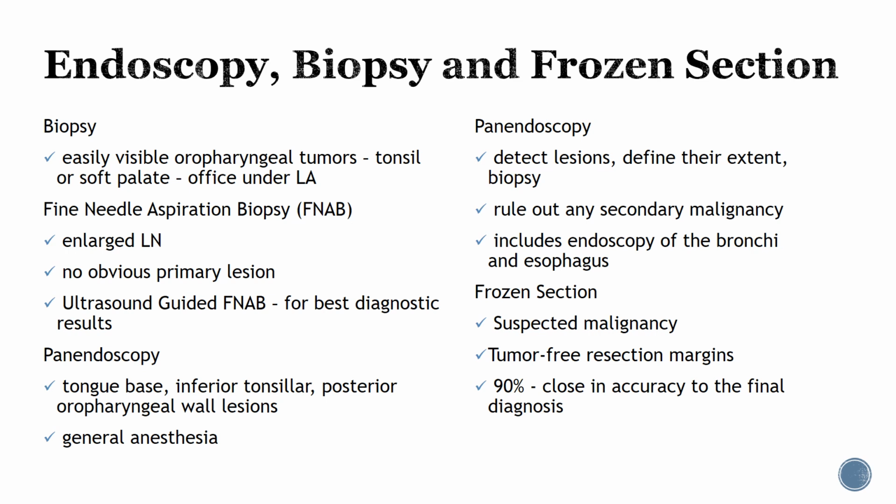Pan-endoscopy under general anesthesia is an important tool not only to detect lesions, define their extent, and biopsy, but also to rule out any secondary malignancies which can be found in patients with cancer of the head and neck. Pan-endoscopy includes endoscopy of the bronchi and the esophagus.